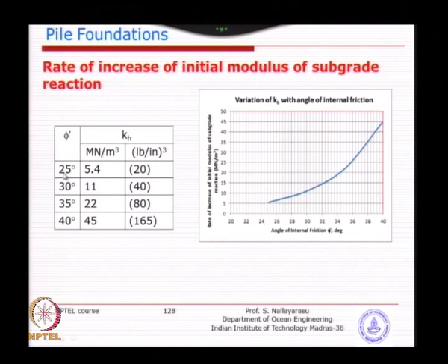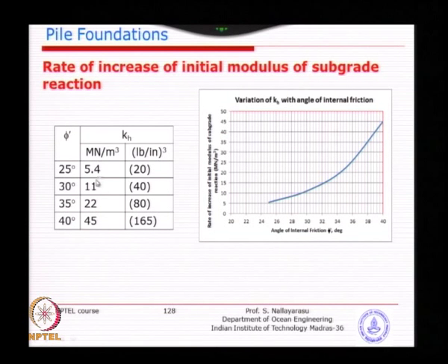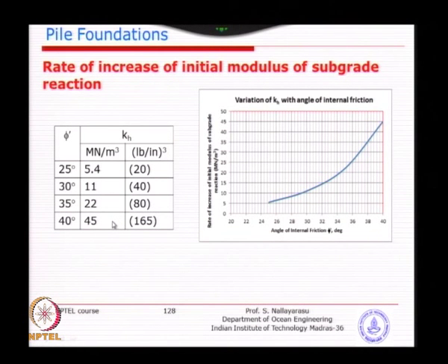For a 25-degree angle of internal friction it is only 5 meganewton per cubic meter, note down the units, and for 40 degrees it becomes almost 8 times. So, from a 25-degree loose to medium sand to a dense sand, it becomes almost 9 times better.